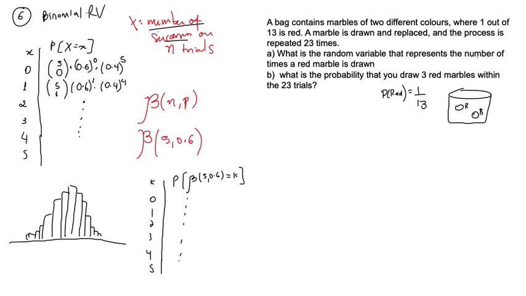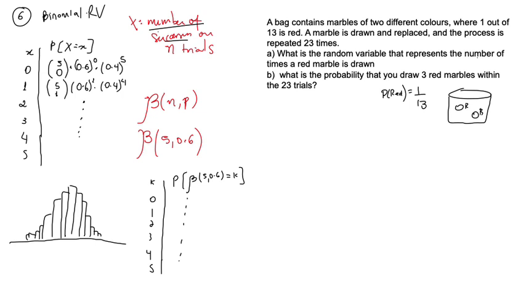Well, first of all, let's read. A marble is drawn and replaced, and the process is repeated 23 times. This is very important information. You're repeating the trial 23 times, and the marble is replaced, meaning repeated trials. If you remember, a repeated trial is when you have the same options each time. For the first trial, for example, heads and tails.